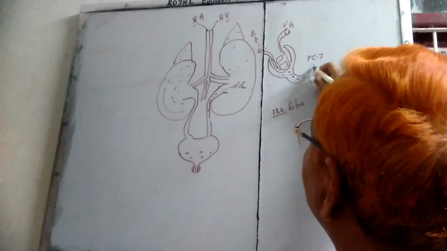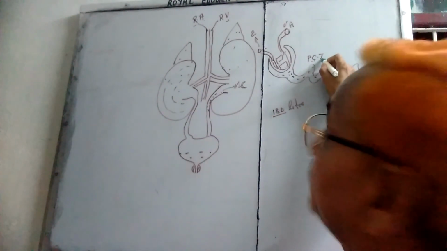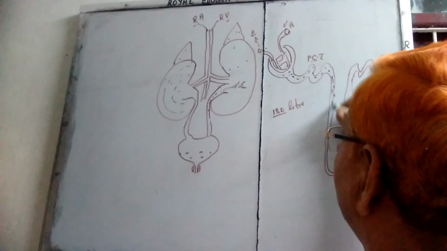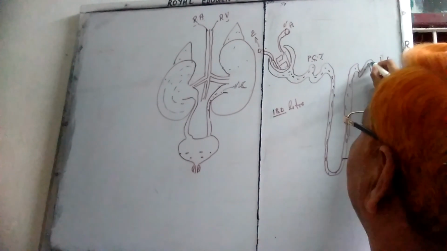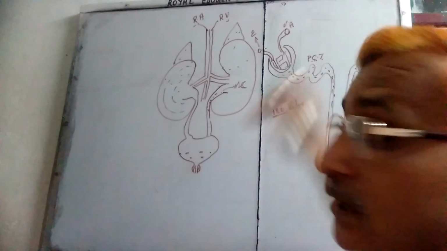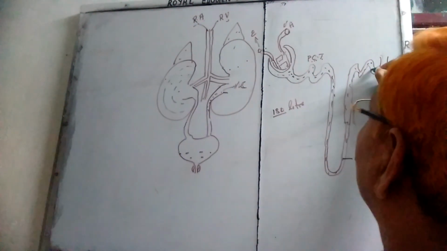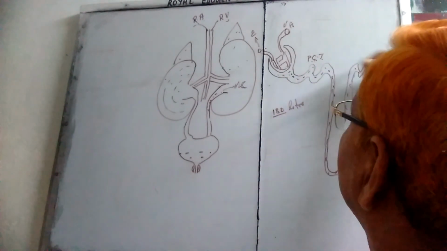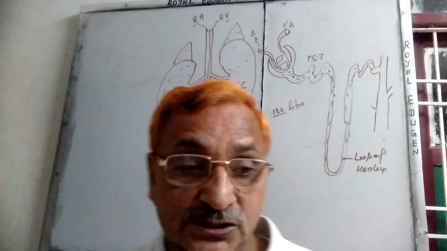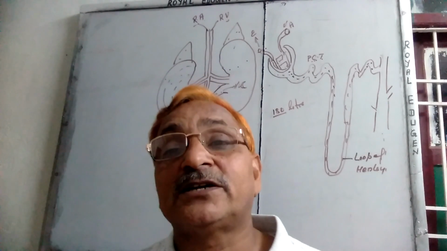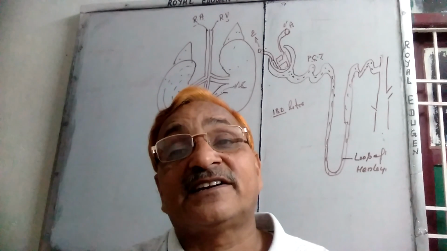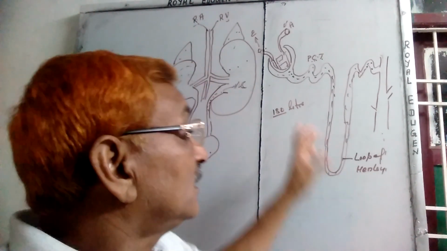When the filtrate passes through the PCT, the proximal convoluted tubule, nearer to the Bowman capsule, then the loop of Henle, then the DCT, where distal means farther and convoluted means curved, the useful glucose and excess water are reabsorbed from the glomerular filtrate, and then finally urine is made.